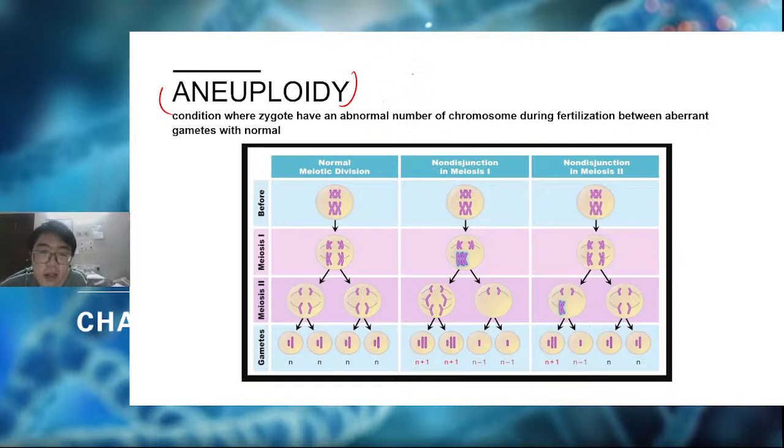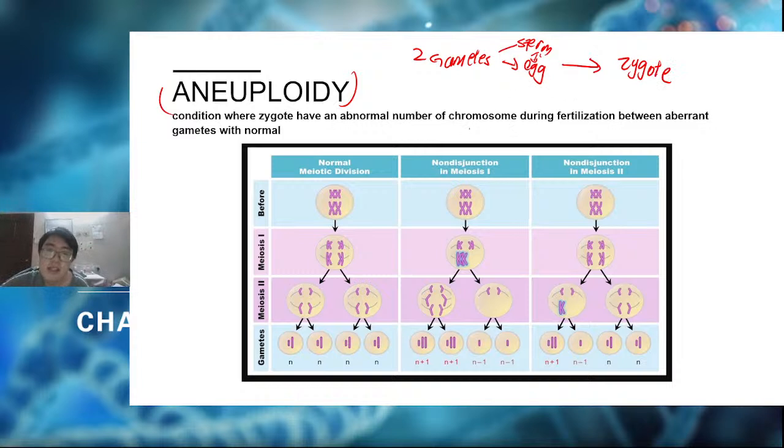If you know, to form a zygote, we have to have two gametes, right? All organisms have two gametes, male and female. The male has sperm, the female has egg, right? We need both. Then they undergo fertilization and we get the zygote.